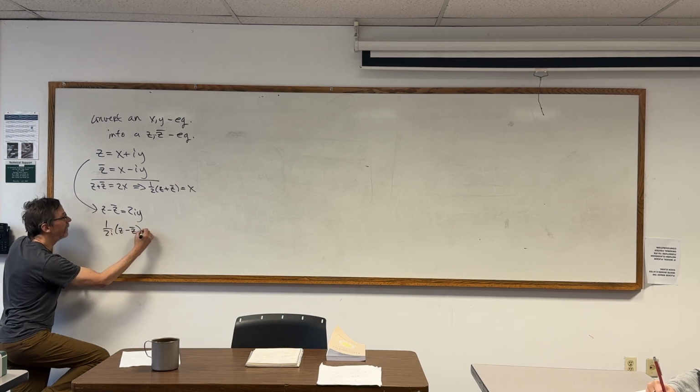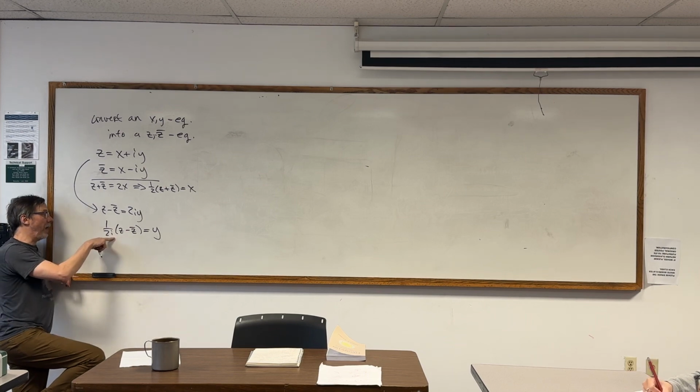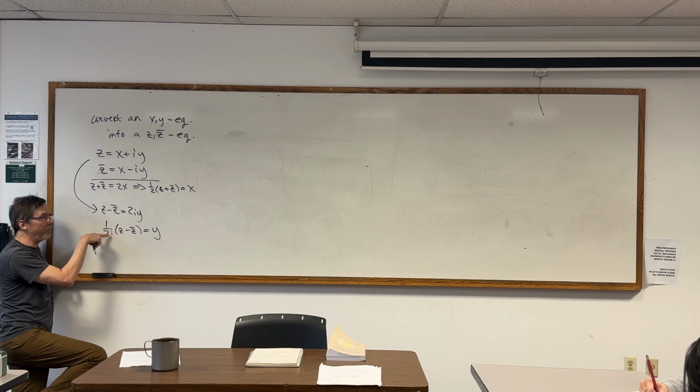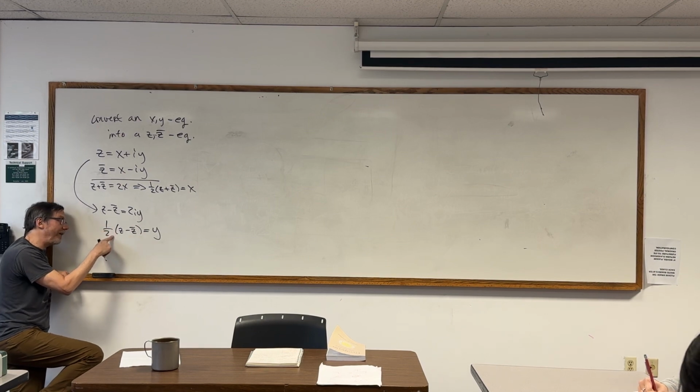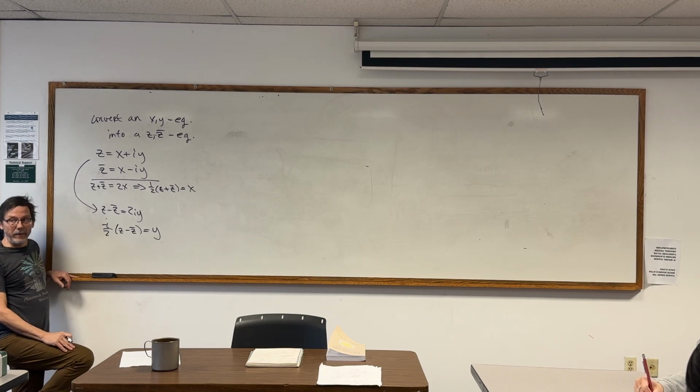Get this, like so. And then I like to just move that i up, so multiply the top and the bottom by minus i, or realize that if you move it up on top, it just becomes minus i.